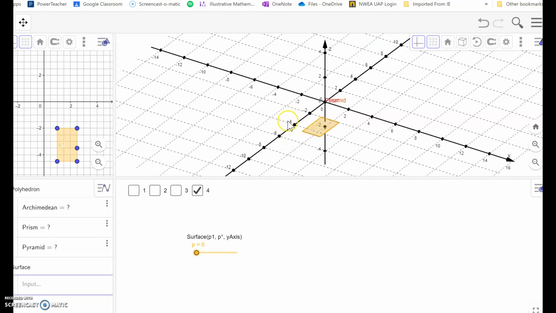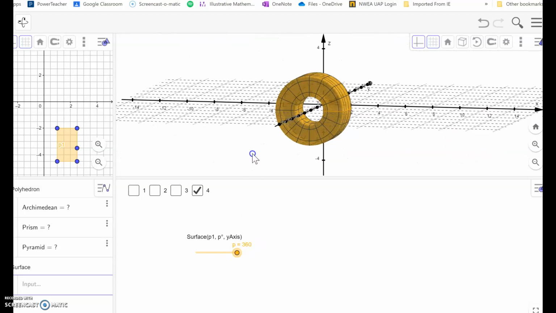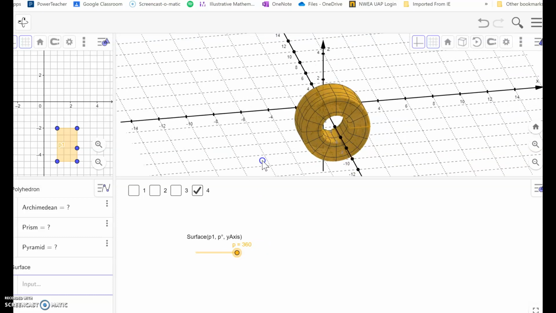So I think this is going to be a cylinder as well, but I think it's going to be hollow in the middle. It's going to kind of be bored out. Notice, it sort of looks like a Slinky as it goes around. So it becomes a cylinder with the center bored out.